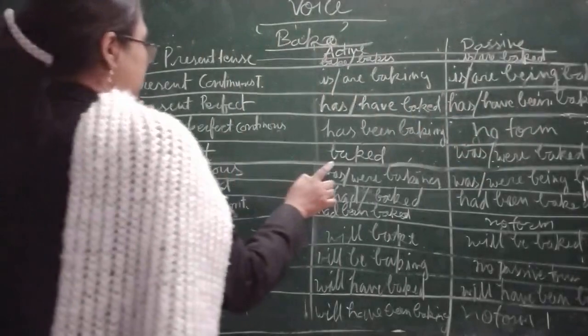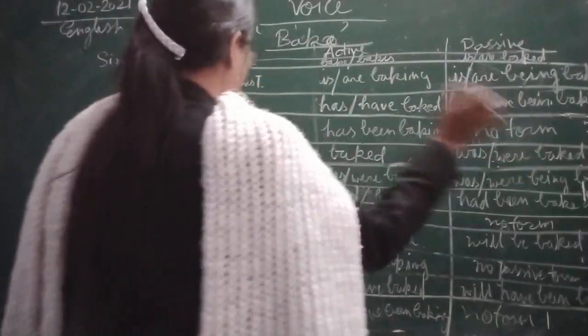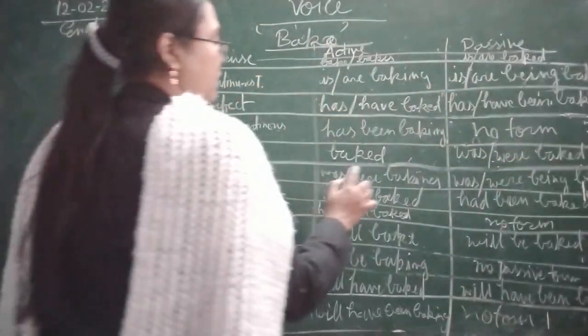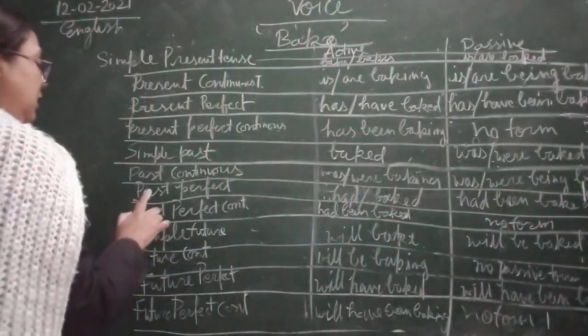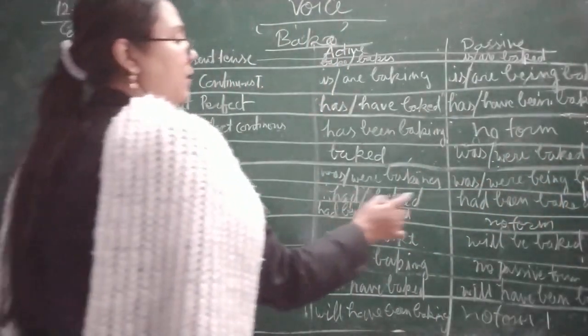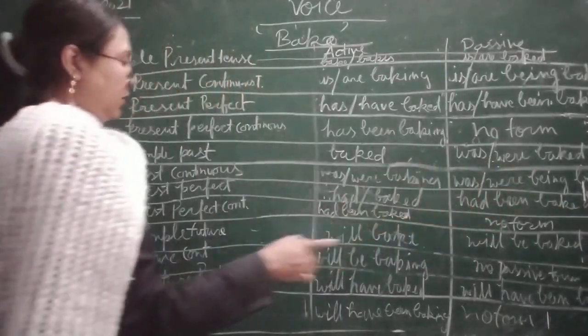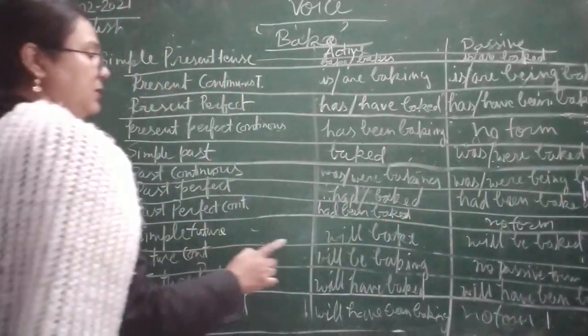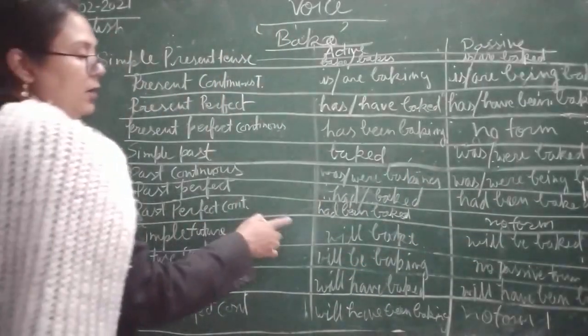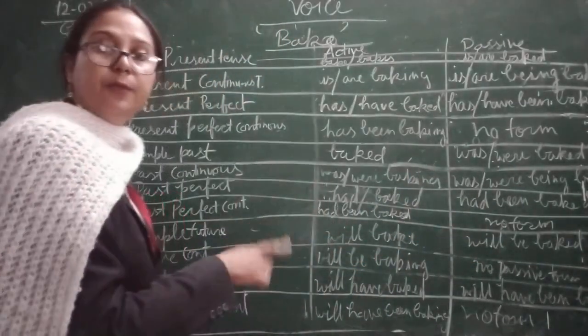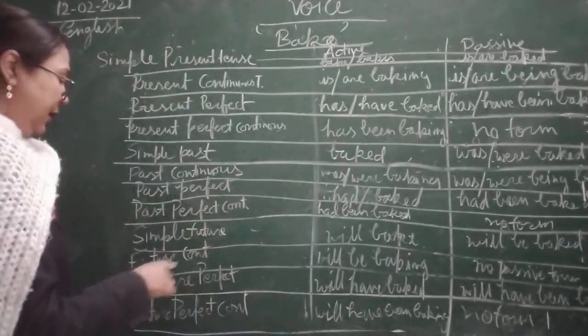Simple past, baked, was or were baked. Past continuous, was or were baking, was or were being baked in the passive voice. Now past perfect, had baked, had been baked. Okay. Simple future tense, will bake, will be baked.